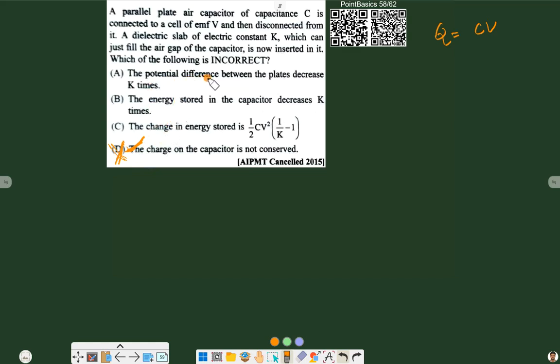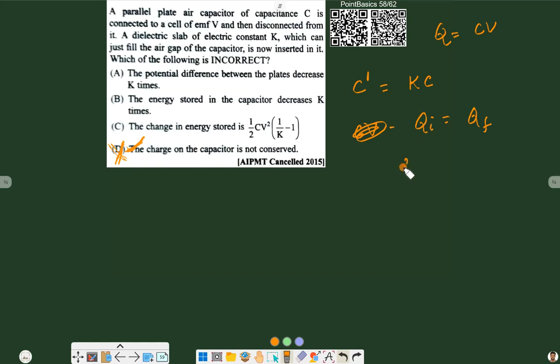The potential difference between the plates decreases K times. Now as a dielectric slab of dielectric constant K is introduced, the new capacitance C dash becomes K times C. Now as charge is constant, Q initial should be Q final.